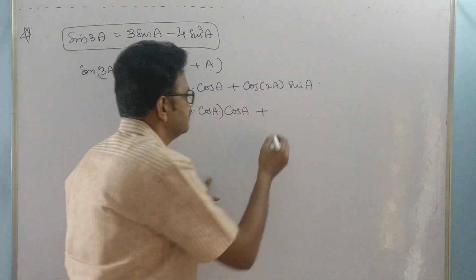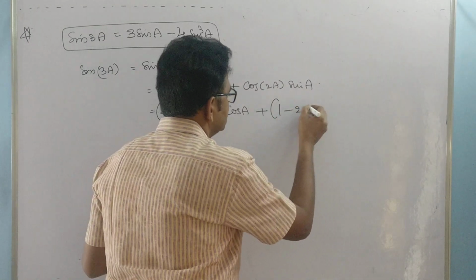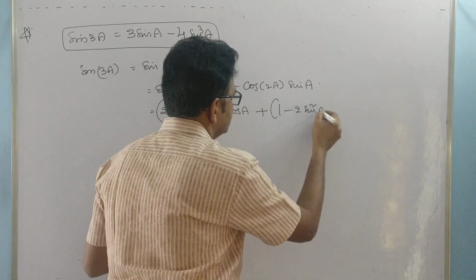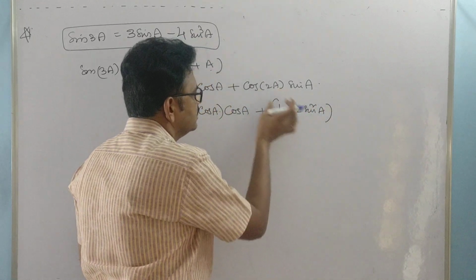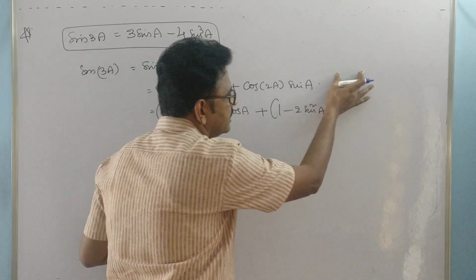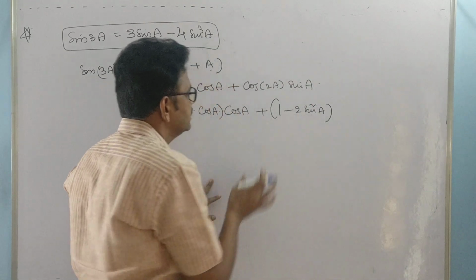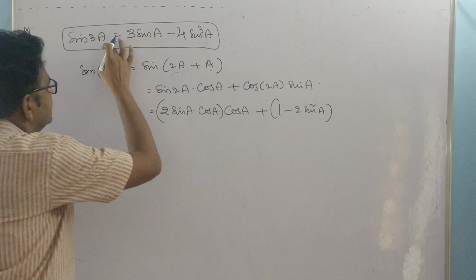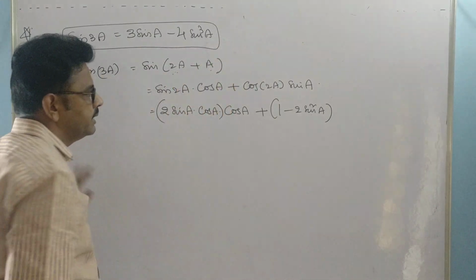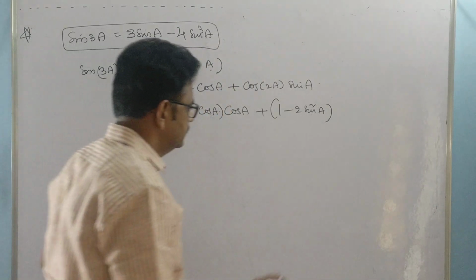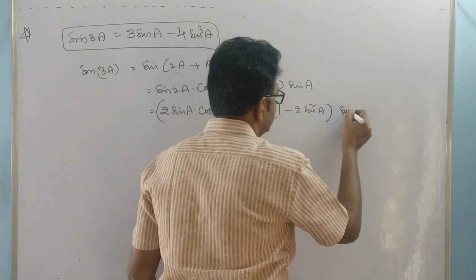That is 1 minus 2 sin square A. There are 4 formulas, but the suitable formula is this one. Why do we write only sin? Because sin 3A is completely in terms of sin only, into sin A.